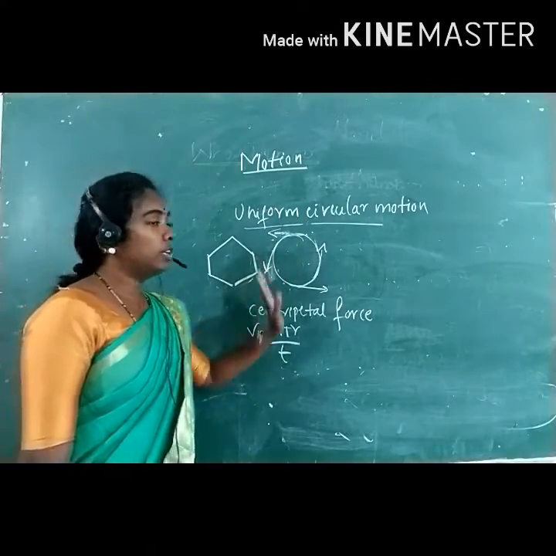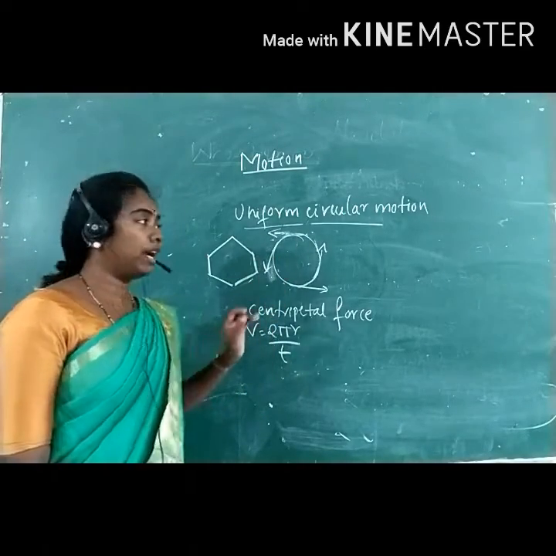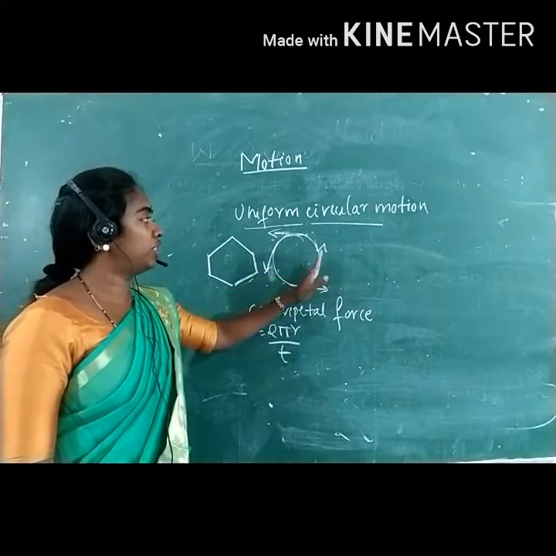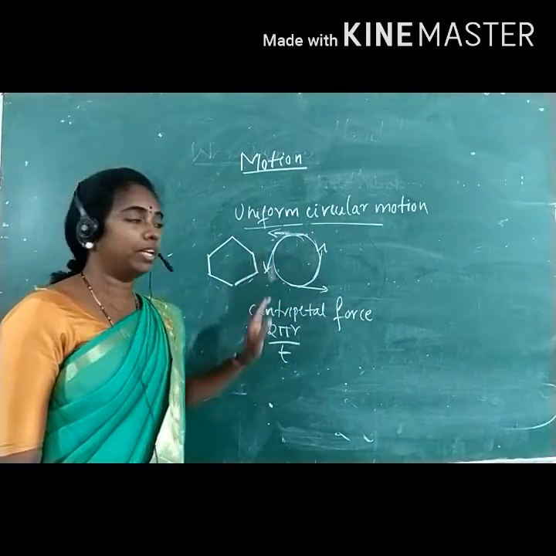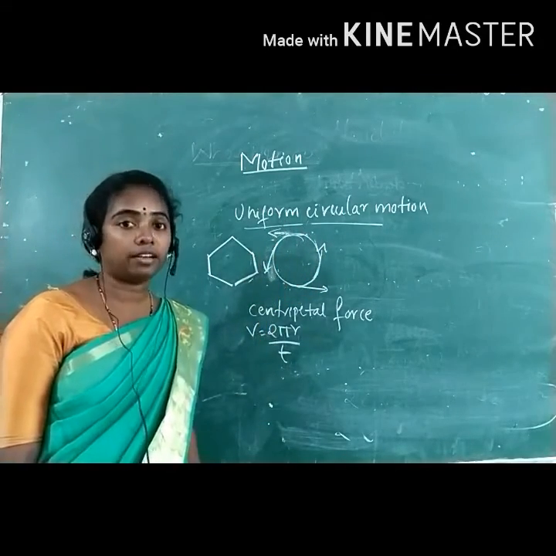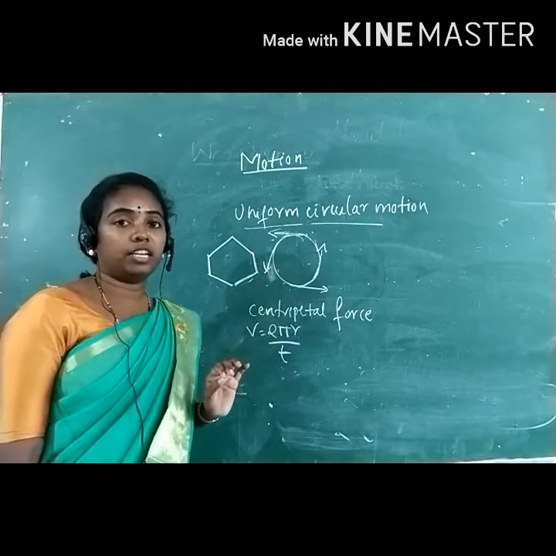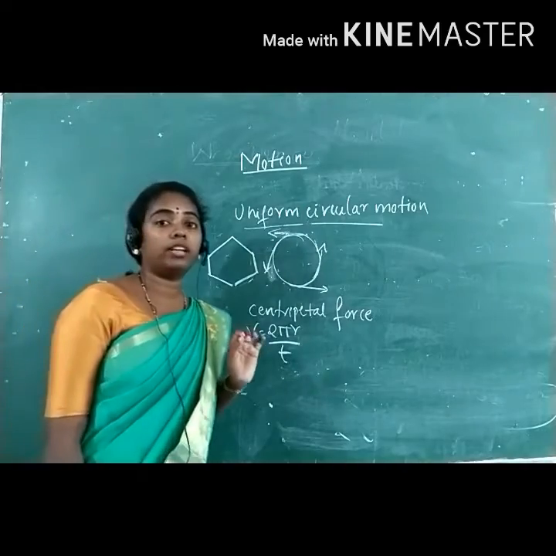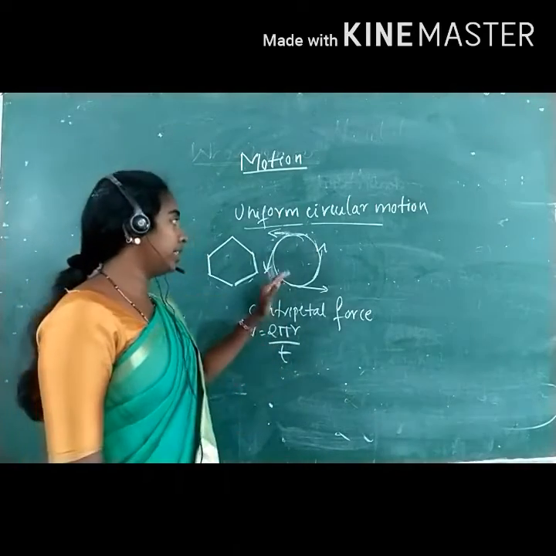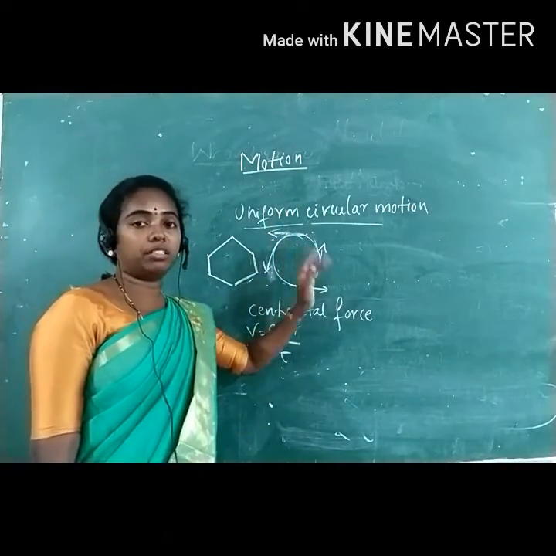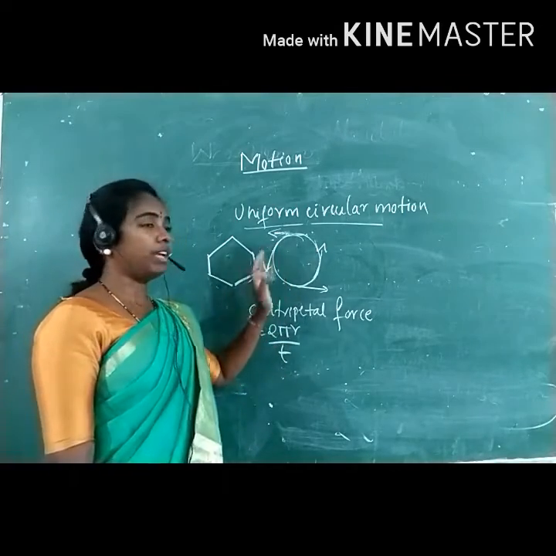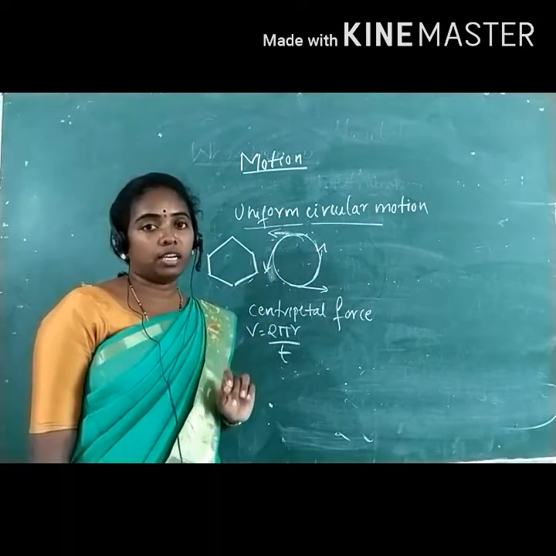But its direction is changing at each and every point when it is traveling in a circular track. So it will have an acceleration. Acceleration comes when there is a change in velocity; it has the same speed, but the direction is changing.